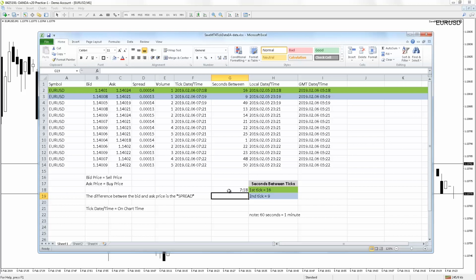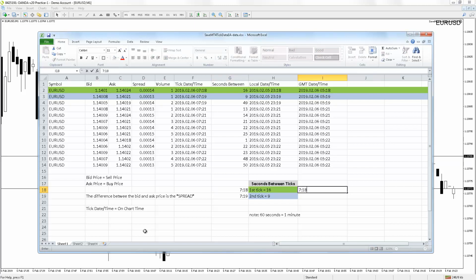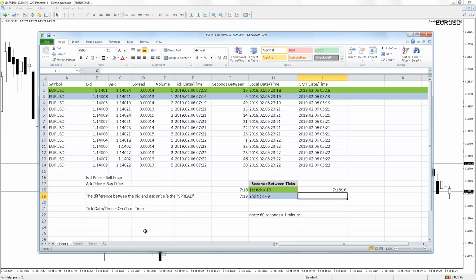The second tick is 7:19. So you can actually look at this as 7:18, 16. And then we could look at the second tick as 7:19 and 9. So how do we do the math on that?